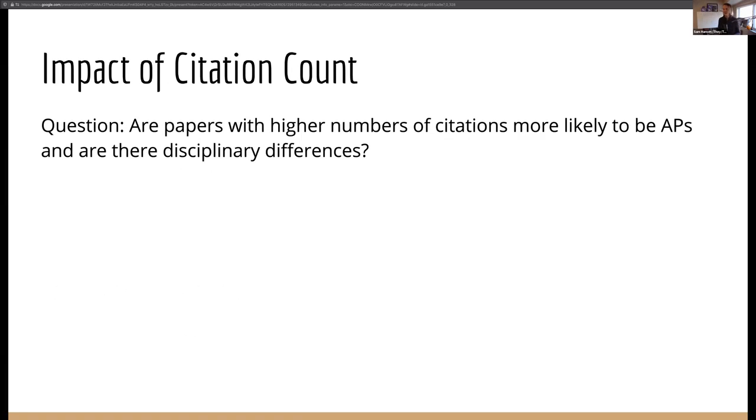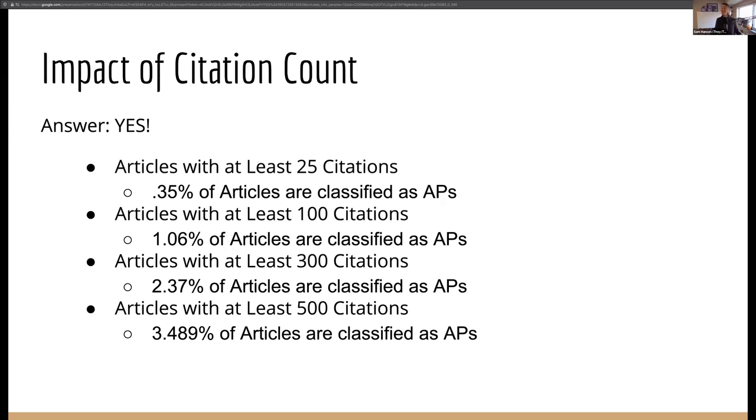So then I had another question, and that is, are papers with higher number of citations more likely to be Awoken papers? If I take slices of this data and look at just papers with higher number of citations, are there disciplinary differences here? And the answer to that is yes.